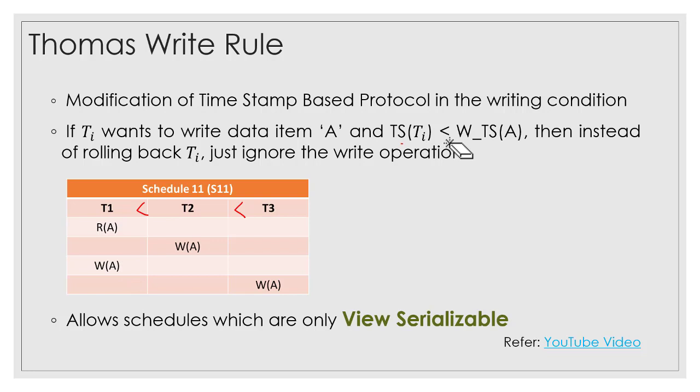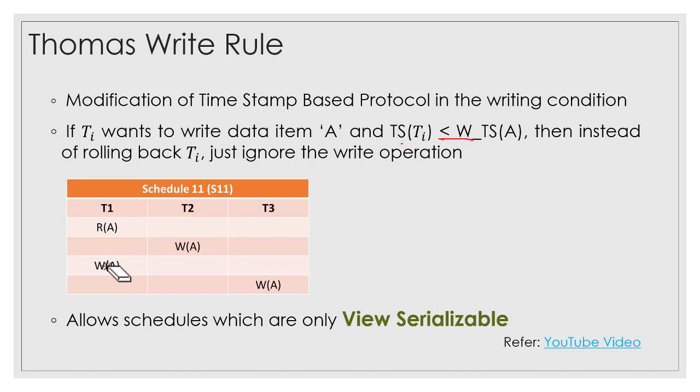We are satisfying this condition, and pure timestamp based protocol says that I need to roll back transaction 1. The Thomas write rule says that if this condition is true, then instead of rolling back the transaction, we are not going to roll back transaction 1, we are going to ignore that write operation. That is how transaction 1 will not be rolled back, and that is how the Thomas write rule works.